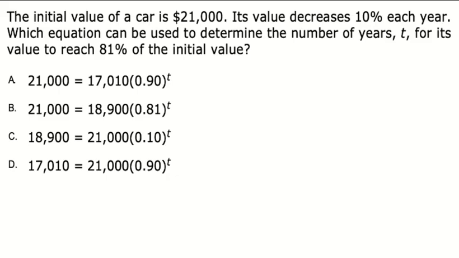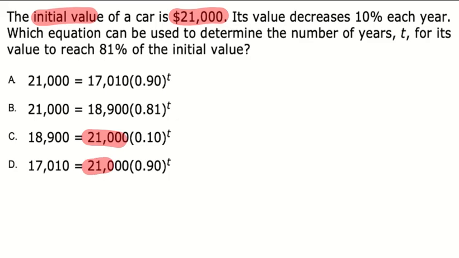We got an exponential function. Right, we got an increase or decrease of 10%. So let's start with, what's the initial value of the car? 21,000. We got initial value, 21,000. Where does initial value go? In front of our parentheses.